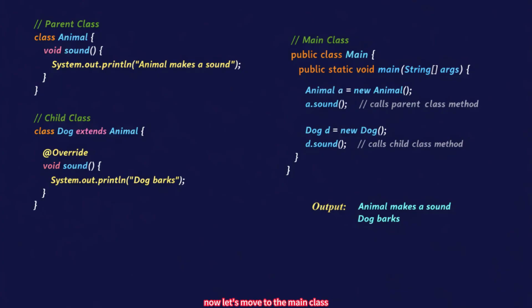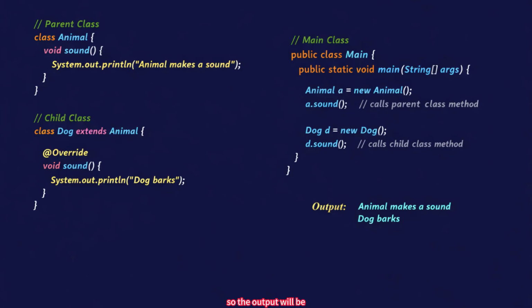Now let's move to the main class. Inside the main method, first, we create an object of Animal class. Animal a = new Animal. Then we call the sound method using a.sound. Since a is the object of Animal class, it will call the sound method of Animal class.